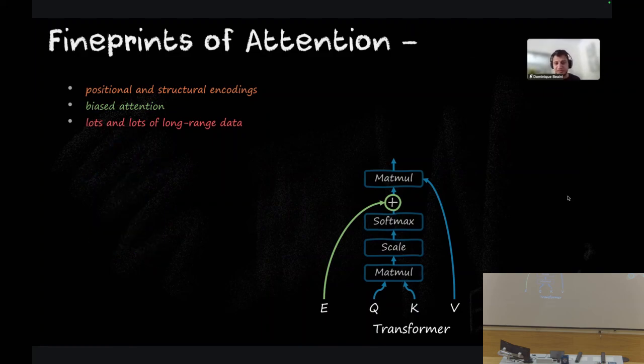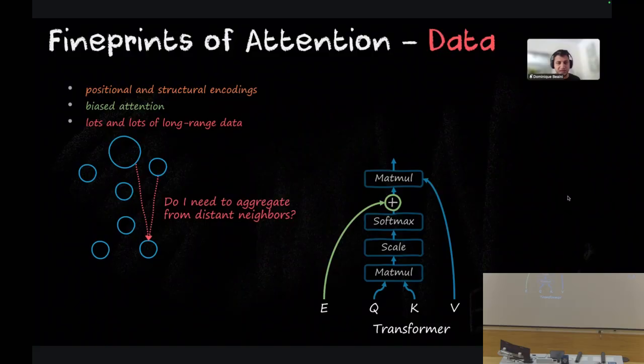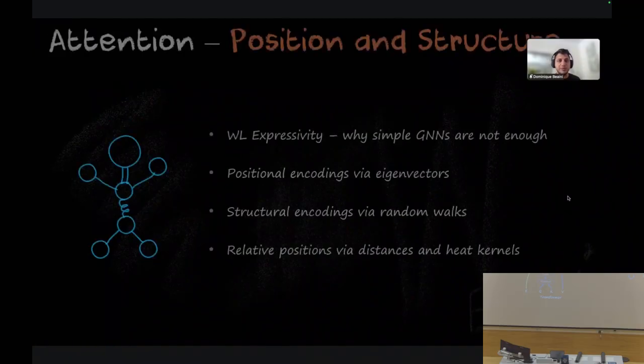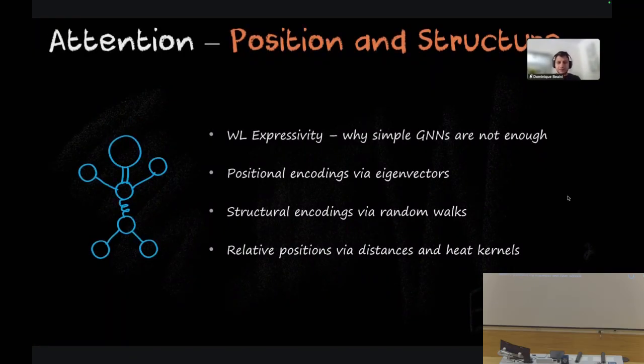So I will discuss these topics in more detail now. First, I want to go back to this problem of expressivity, then talk about positional encoding, structural encoding, and relative positions as well.